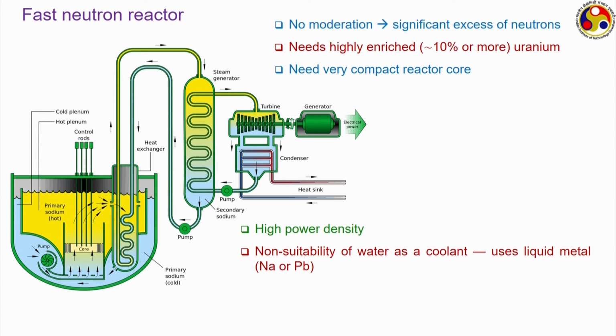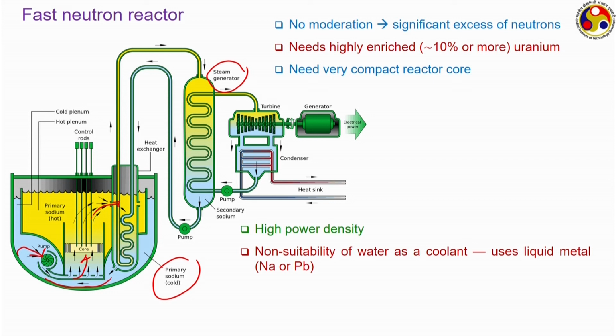So, if you follow the diagram, here this is primary sodium which is flowing through the core, and then that is getting pumped into the core. So, it passes through the fuels and comes out as high temperature sodium. That sodium is passing over a heat exchanger. On the other side of the heat exchanger we also have again liquid metal, and this is the secondary loop which is taking this energy towards outside to a steam generator, where this energy from the secondary loop is being transferred to water.